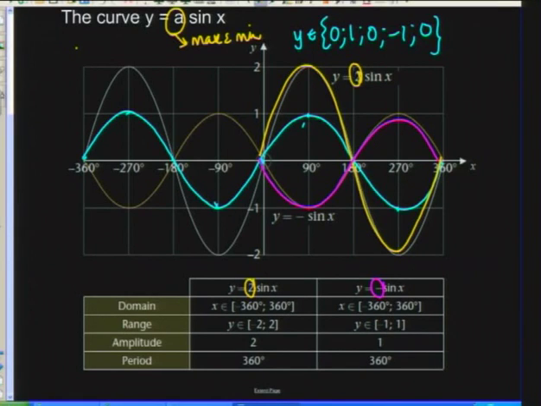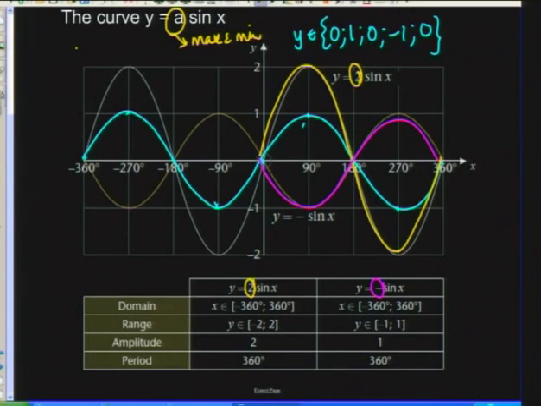If I want to see the effect of that coefficient, I would multiply each of those y values by the new coefficient a, and I would be able to get what those new critical values would be. So the amplitude is very easy to work with.